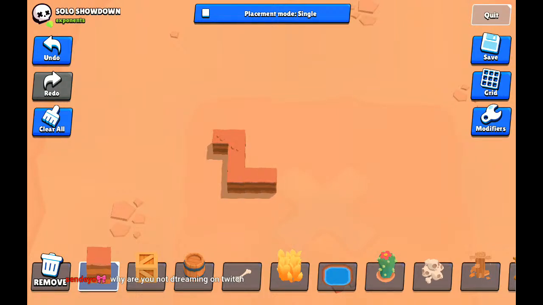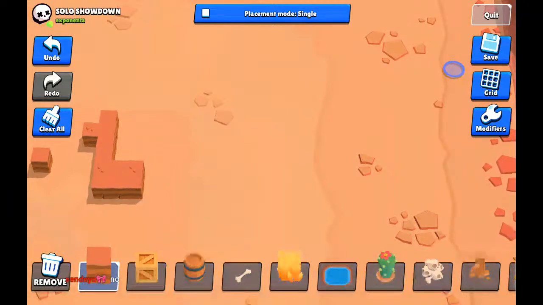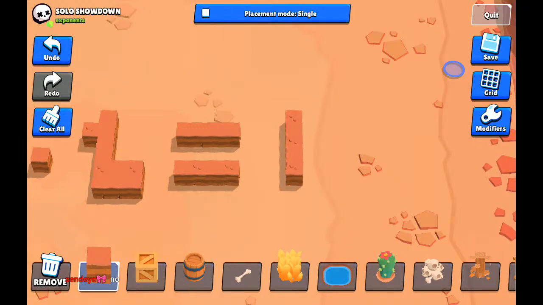Just that kind of looks like a 2, right? 2 times 2. That's a 2, guys. Equals. Hey, that's a good equal sign, right? Equals 4.